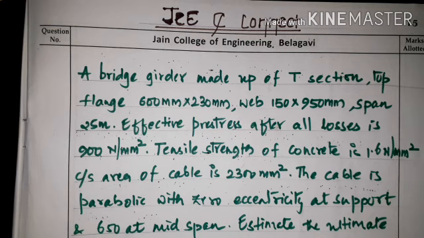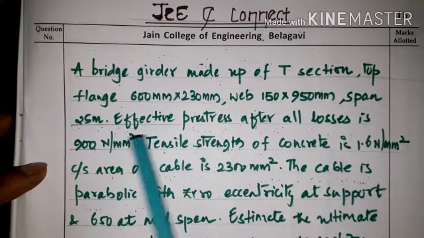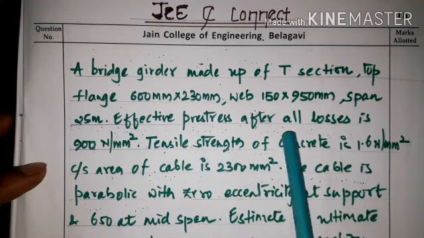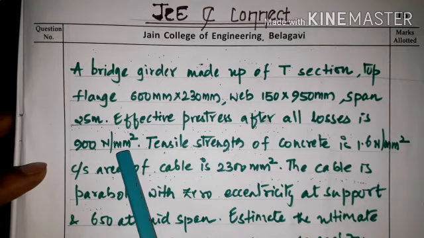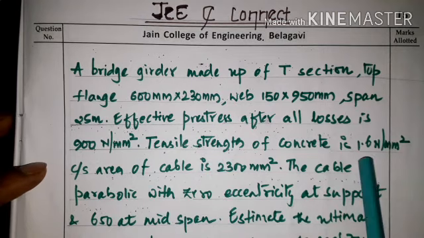The problem is given like this: a bridge girder made up of a T section, top flange 600 mm by 230 mm, web 150 mm by 950 mm, and the span of the beam is 25 meter. The effective pre-stress after all losses is 900 Newton per mm square. Tensile strength of the concrete is 1.6 Newton per mm square. Cross section area of cable is 2300 mm square.